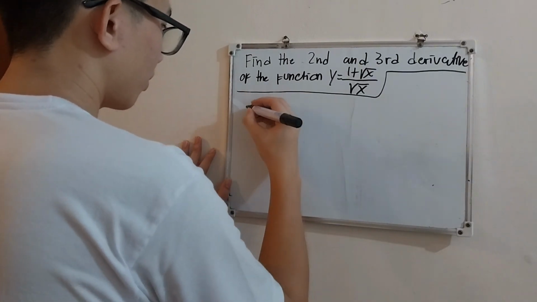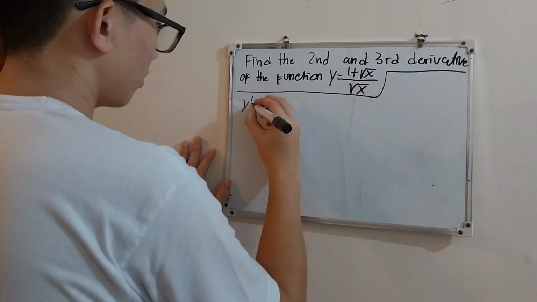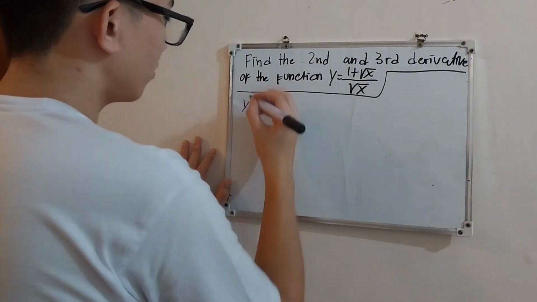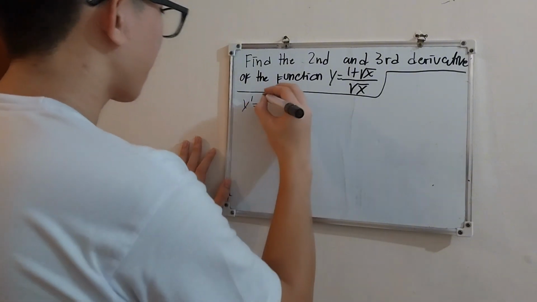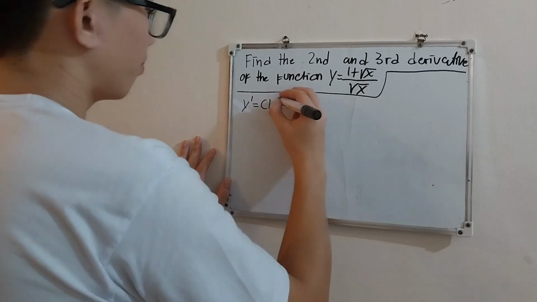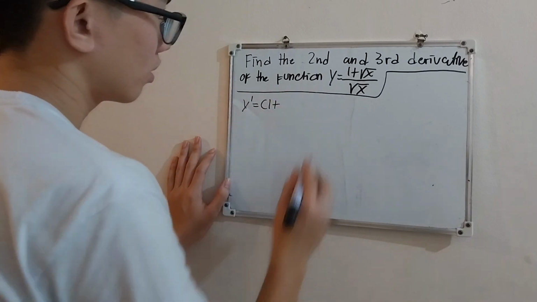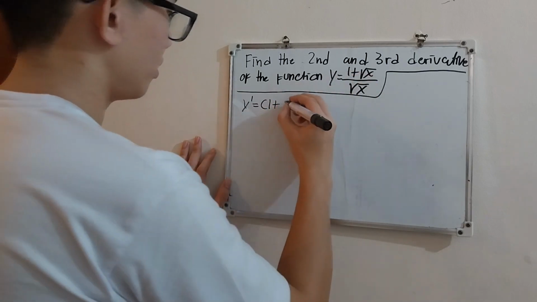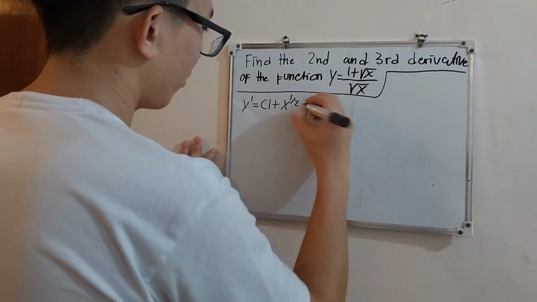So y prime equals 1 plus square root of x, which is x to the 1/2.